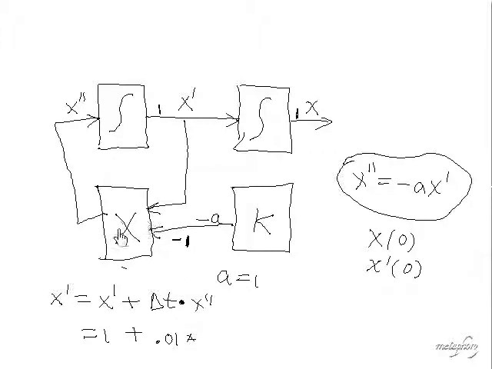It's going to be 1 times -1, which is equal to -1. Right? So what we have right here is 1 plus minus 0.01, or 0.99. Okay. So 0.99 then is basically going to be equal to this right here.